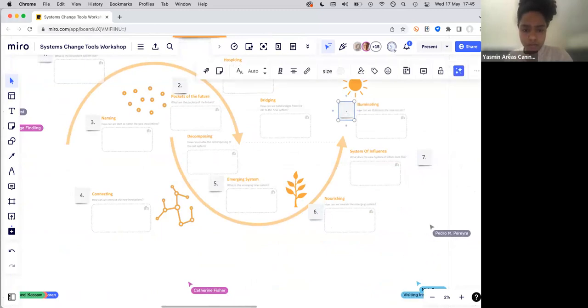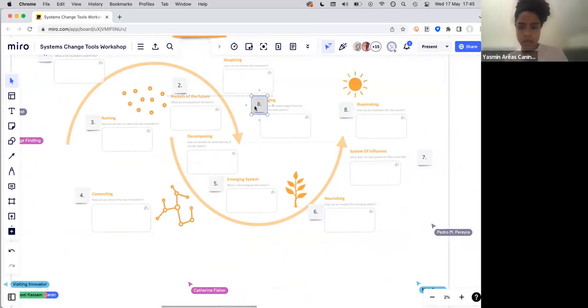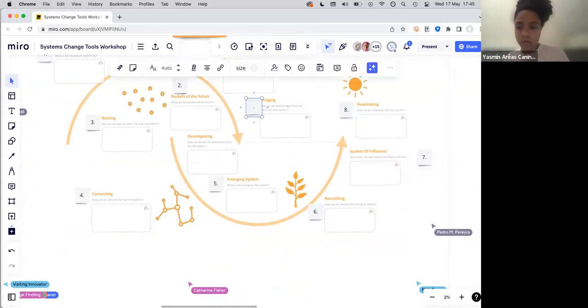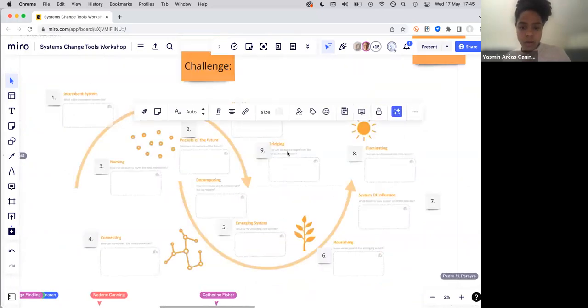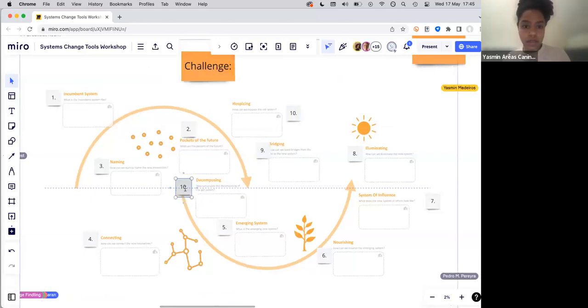So we have 30 people here. Might create a few more breakout rooms so you can have a better discussion with less people in the rooms. Let me quickly do that.